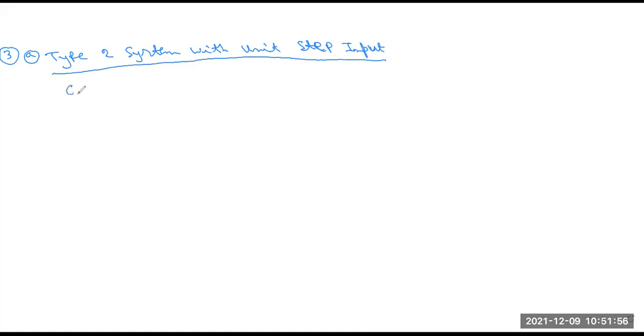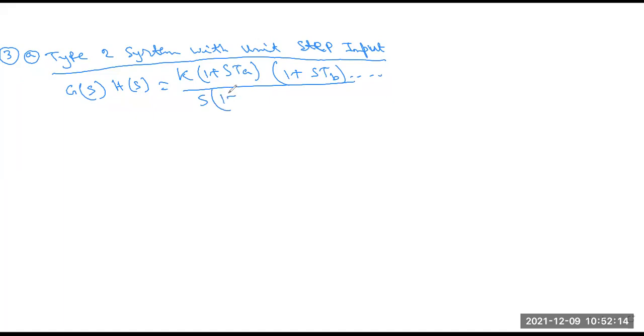So the same transfer function, G(s)H(s), equals K into (1 plus sTA) into (1 plus sTB) and so on, in the numerator, and the denominator part expresses the poles: s square into (1 plus sT1) into (1 plus sT2).